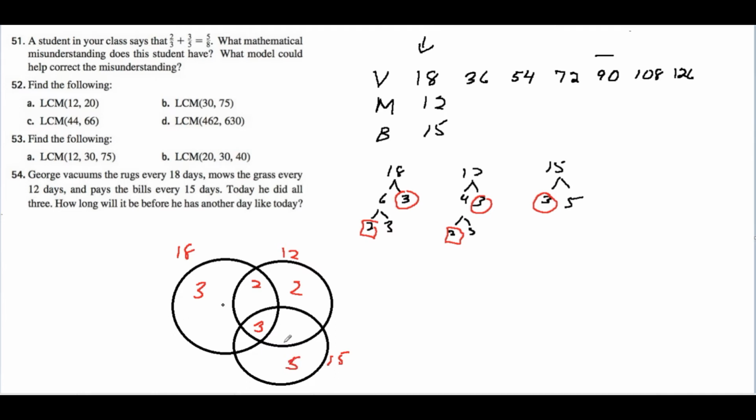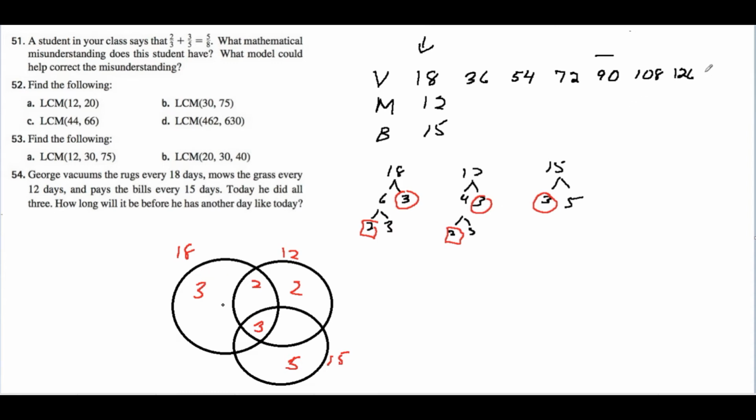Nothing in common between the 12 and the 18 other than that 3 that was in the center. So now when we multiply those together, we have 3 times 2 is 6, times 2 is 12, or maybe go this way. 2 times 5 is 10, times 3 is 30, times 2 is 60, times 2 is 180.